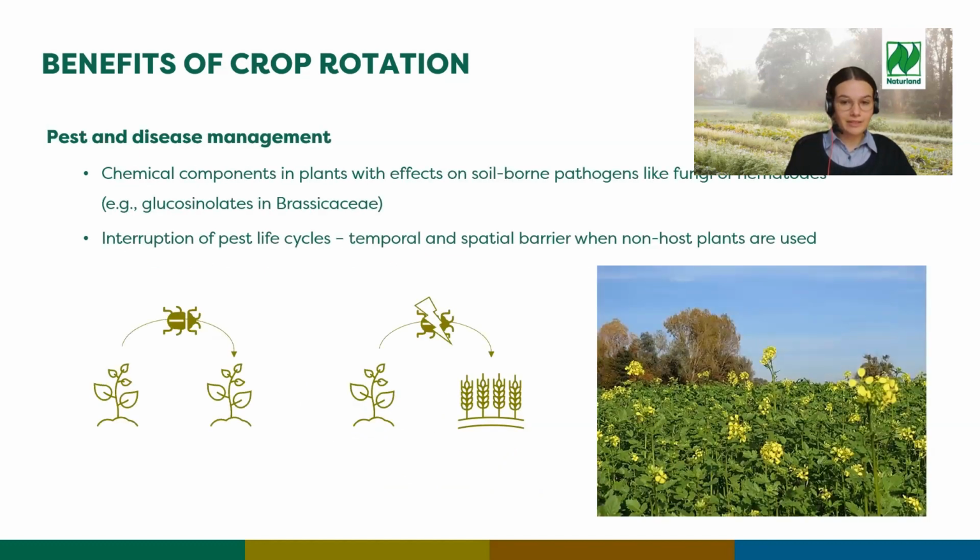But as already mentioned, the EU Organic Regulation defines the use of crop rotation for pest and disease management. And in the following, I want to explain two examples of crop rotation mechanisms that influence pest and disease pressure. So firstly, there are chemical components present in certain plant species that have effects on soil-borne pathogens like fungi or nematodes.